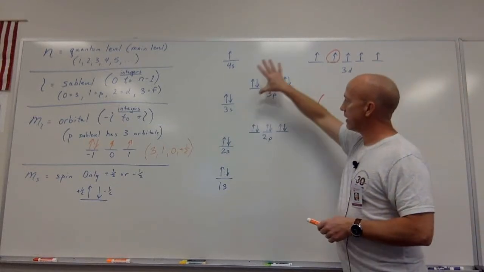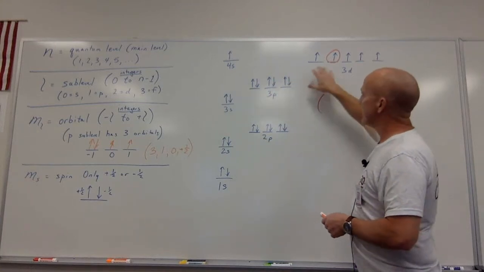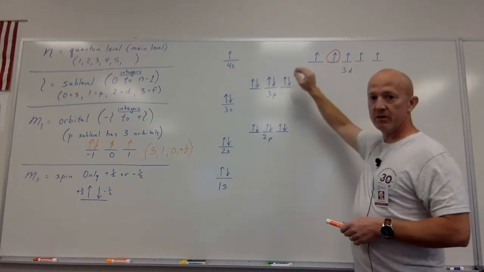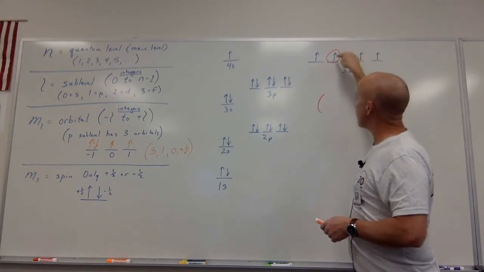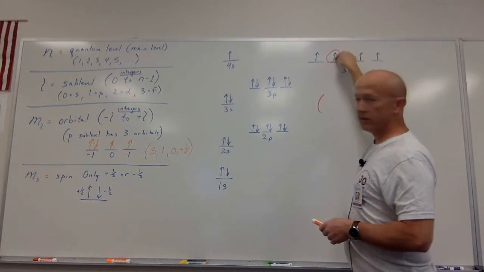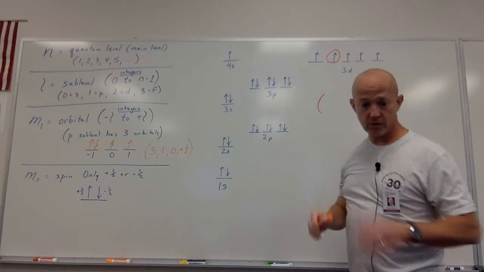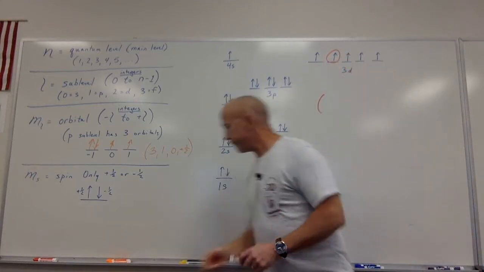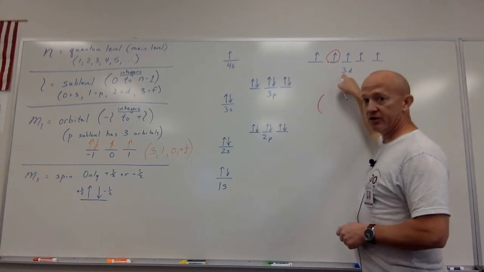I've drawn an orbital diagram, and we can see we go up through the 4s and the 3d sublevels here. So we're going to talk about that particular electron right there. What would the quantum numbers be for that particular electron? First of all, we can see it's in the 3rd energy level.